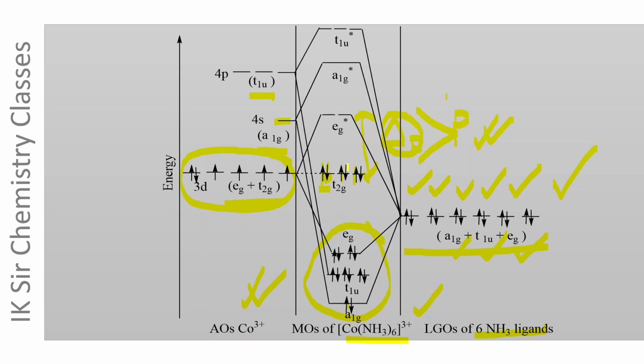This is fifth electron and this is sixth electron, and thus the [Co(NH3)6]3+ ion has no unpaired electron. It is diamagnetic.